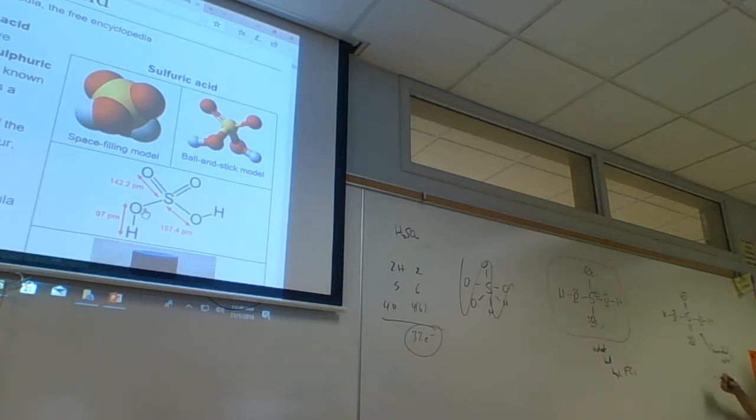This expanded octet is only possible for third and higher periods, the rows. Not possible for second period.